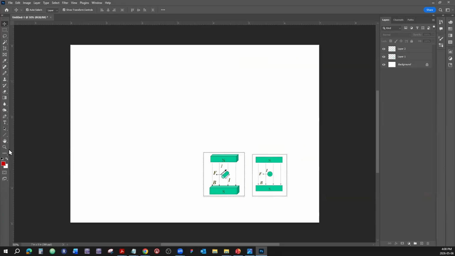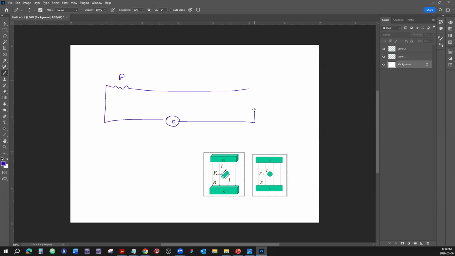All right, so when we have a conductor, let's see, this is a resistor, R, and here is some sort of a power supply, and let's get a switch.